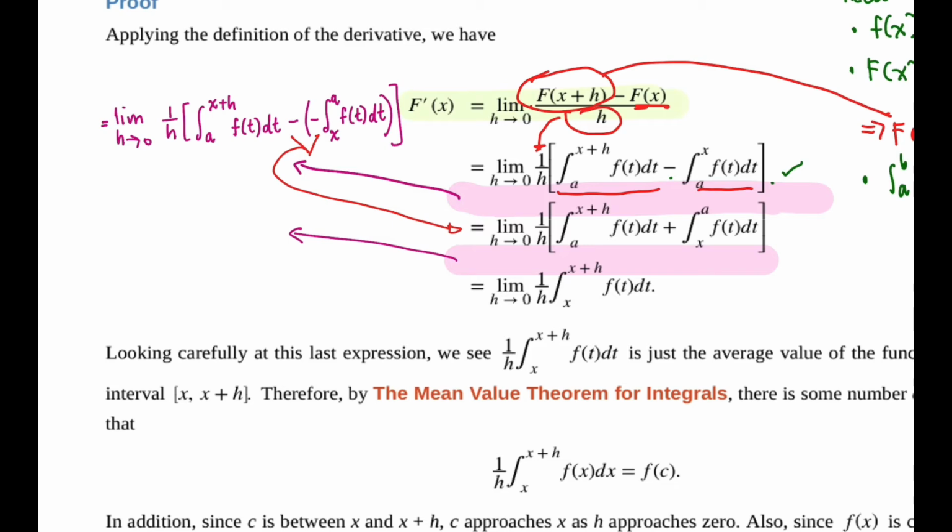In the original lines 1, 2, 3, 4, recall we have the definite integral from a to x plus h of f of t dt plus the definite integral from x to a of f of t dt.